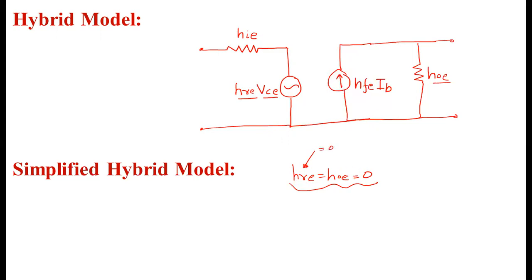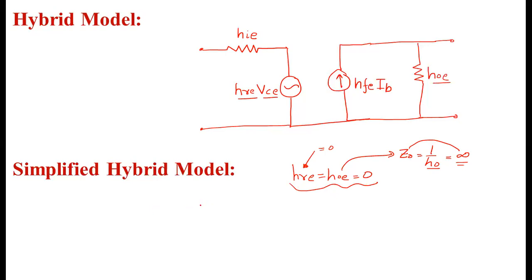Also HOE is equal to 0. HOE equal to 0 means we have the output impedance, since we know that ZO is equal to 1 upon HO, and HO is equal to 0. So we can say that ZO is equal to infinite. So to draw the simplified hybrid model, we put HRE and HOE equal to 0.